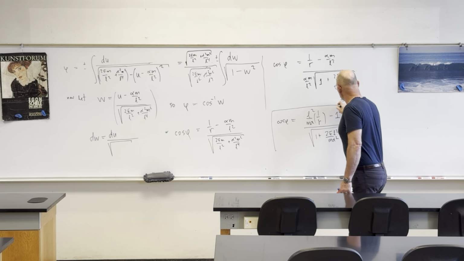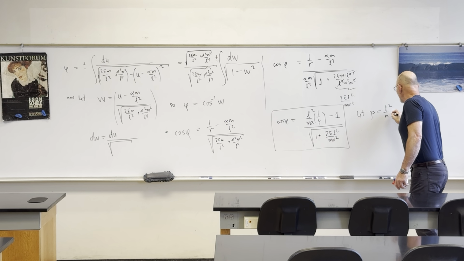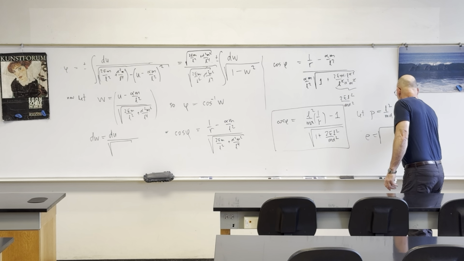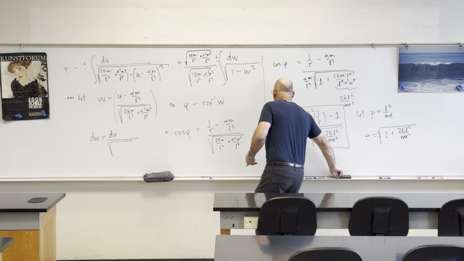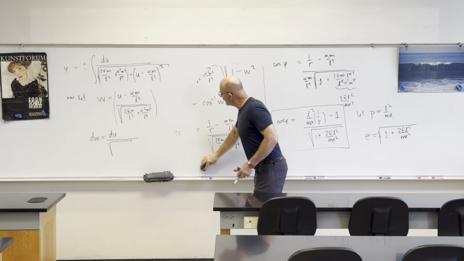We're going to name, let P be equal to L squared over m alpha, and E be equal to this expression at the bottom, 1 plus 2e L squared over m alpha squared. And if we use this P and this E here, this thing simplifies, and then we can analyze it and see what it is that we found.